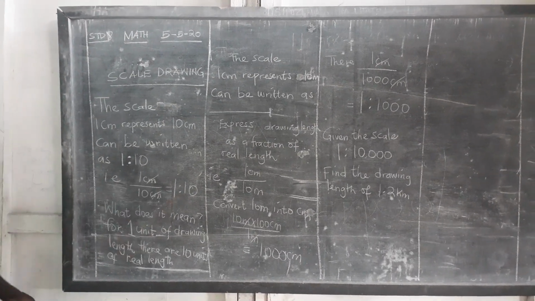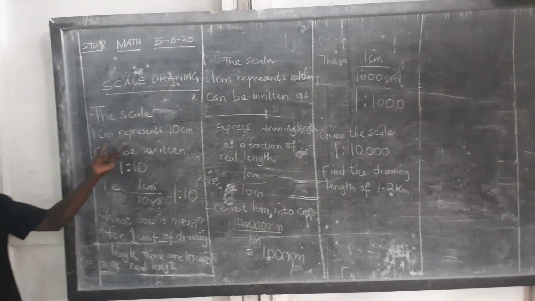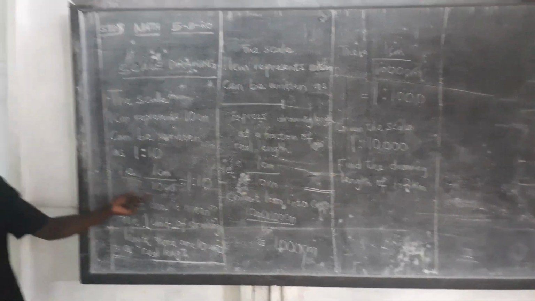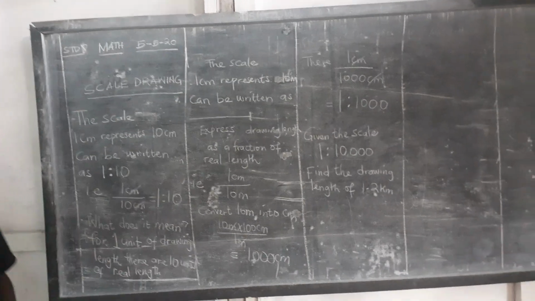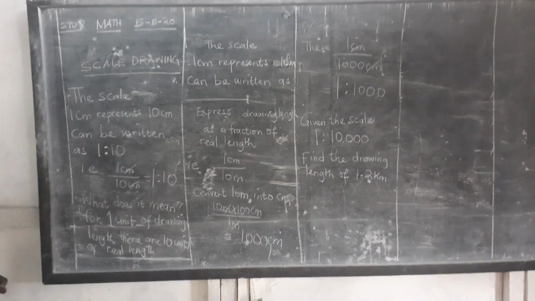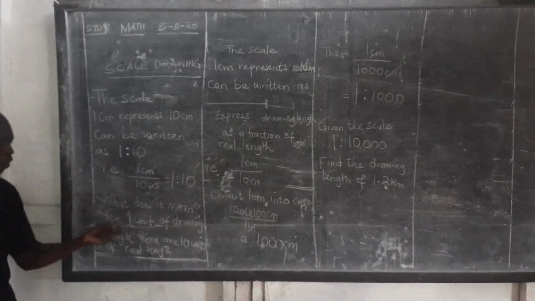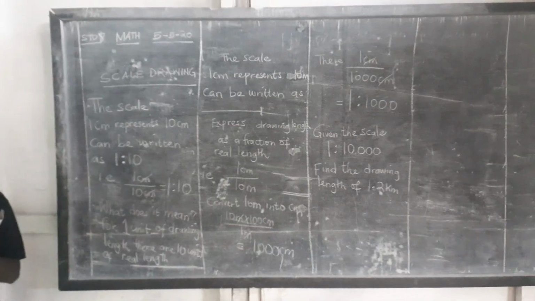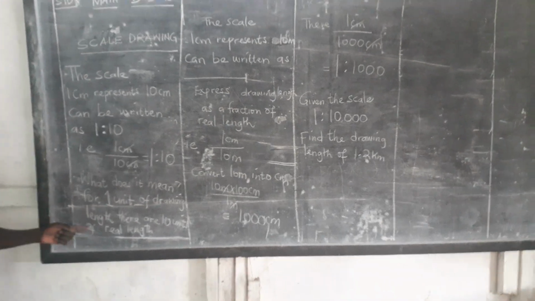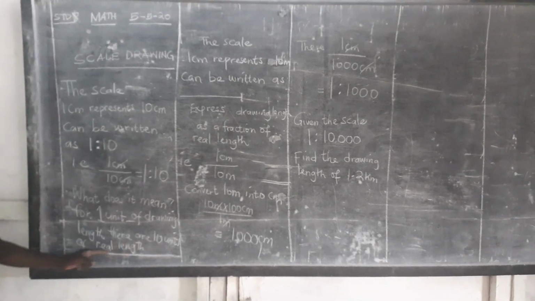So 1 centimeter represents 10 centimeters can be written as 1 ratio 10. What does it mean? It means that 1 unit of drawing length will represent 10 units of real length.